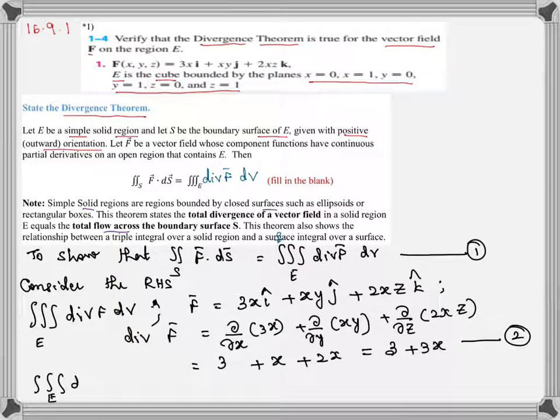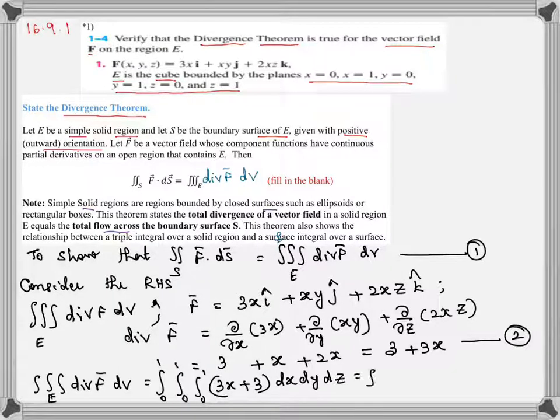Now the triple integral over E of div F dV is the integral 0 to 1, integral 0 to 1, integral 0 to 1. Those are the limits for x, y and z, and inside the integrand is div F, which is 3x plus 3, dx dy dz.